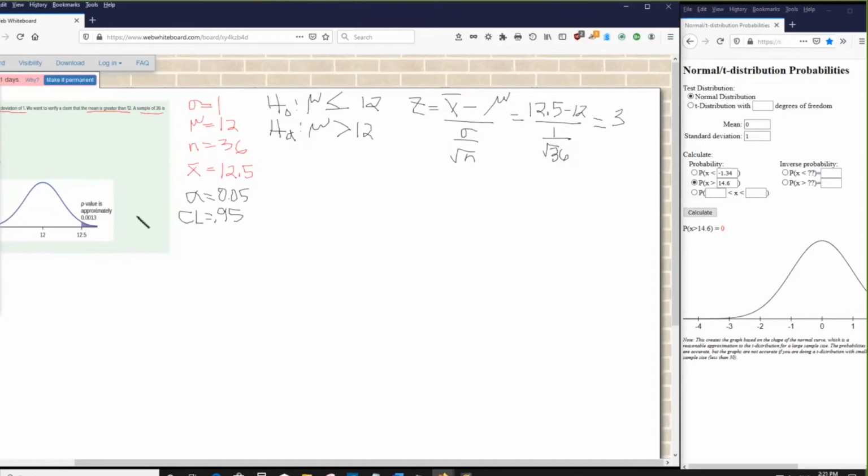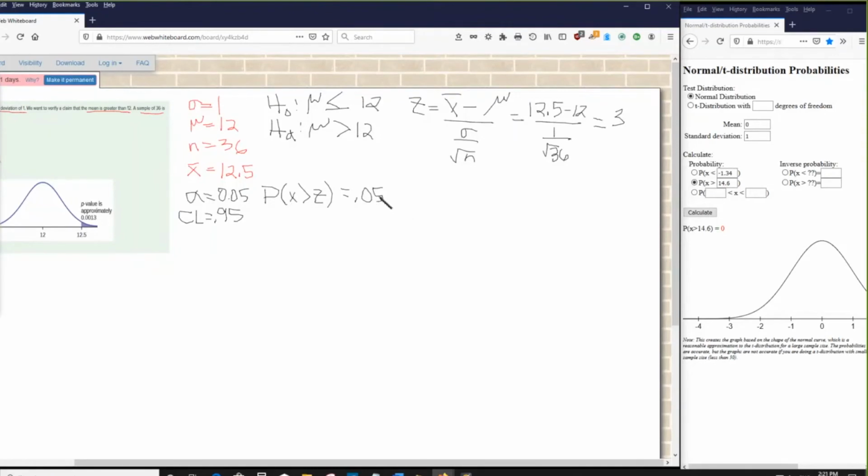So to solve for that p-value, I'm going to have the probability of x greater than z, and I can set that equal to 0.05.